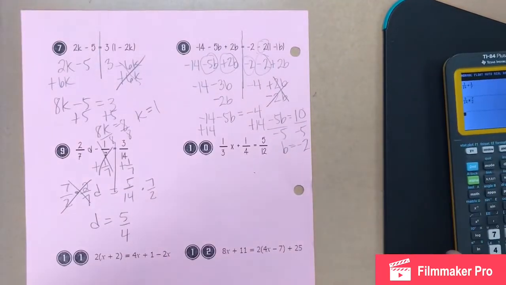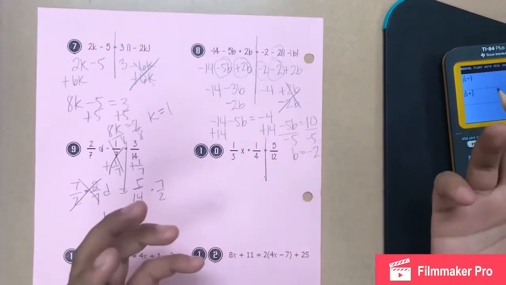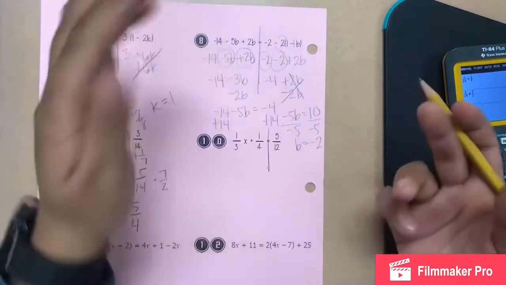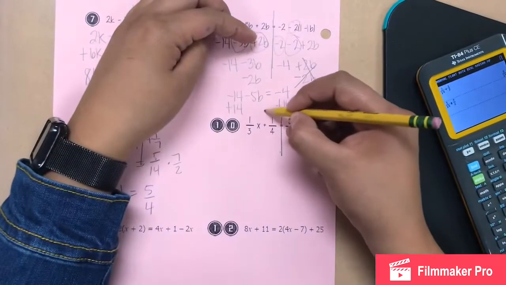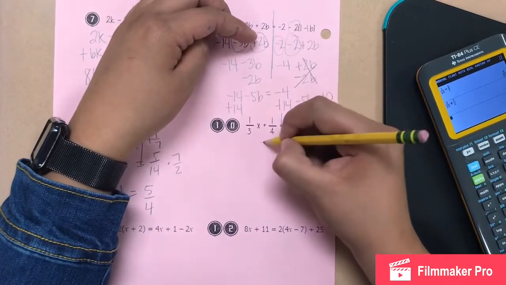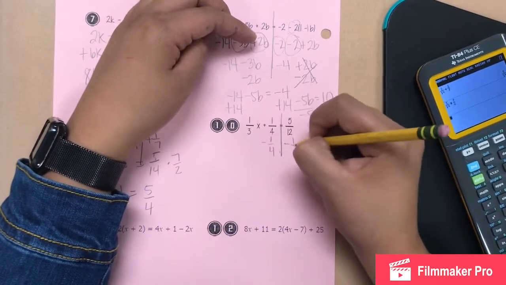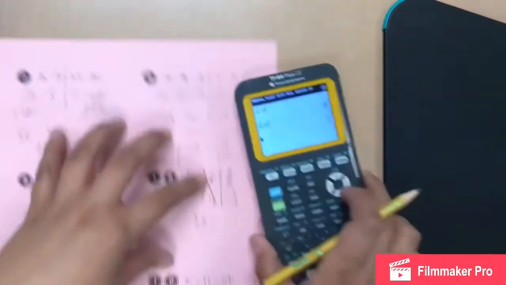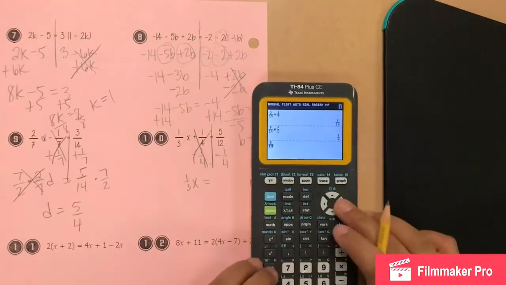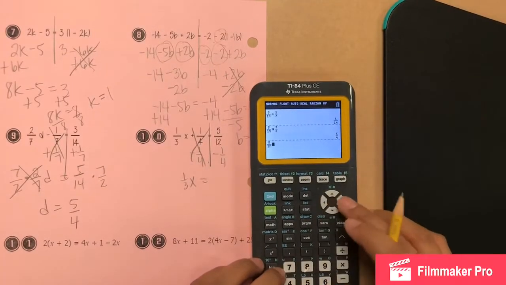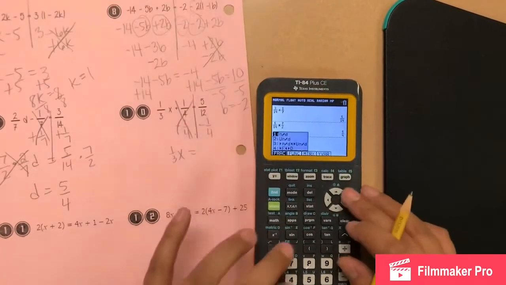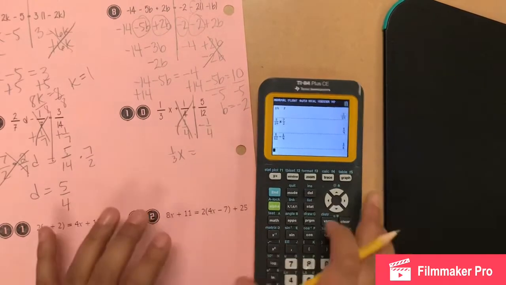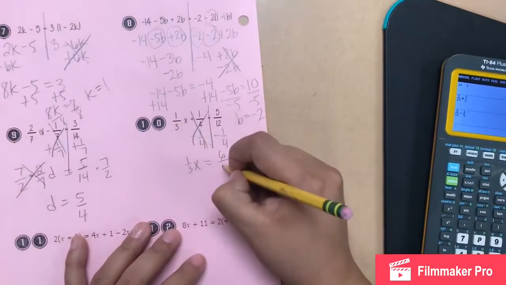Taking those fractions into consideration for number 10, okay, there's nothing to distribute, there's nothing to combine, so I'm going to simply do a 2-step. The inverse of adding 1/4 is to subtract 1/4. So I have 1/3 x equals, because those 1/4 cancel, 5/12 minus 1/4 is 1/6.